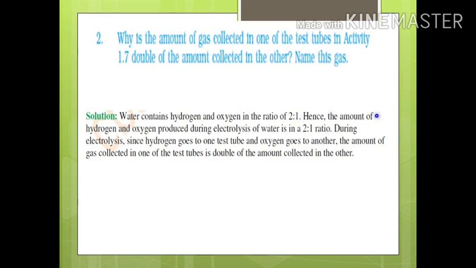Hence the amount of hydrogen and oxygen produced during electrolysis of water is in the 2:1 ratio. During electrolysis, hydrogen will go to one test tube and oxygen to the other. So the amount of gas collected in one test tube is double the amount collected in the other because it is in the ratio 2:1.